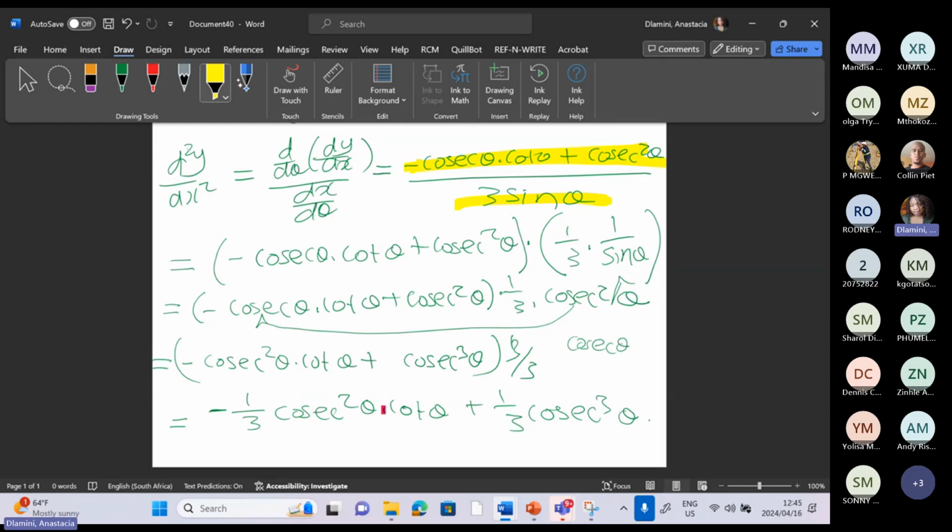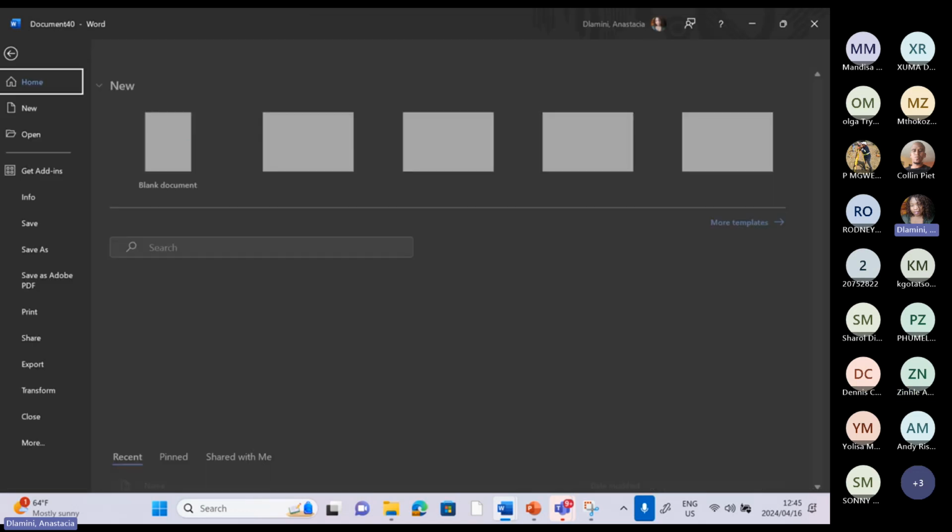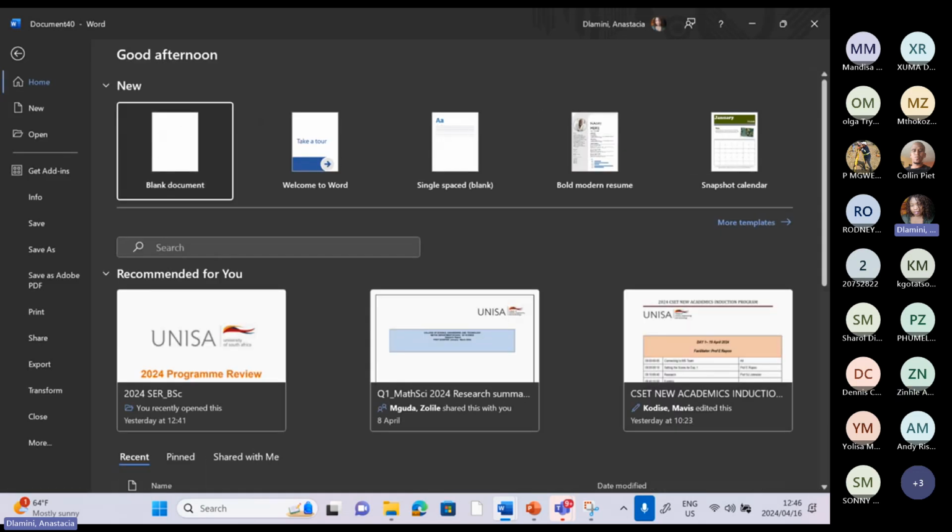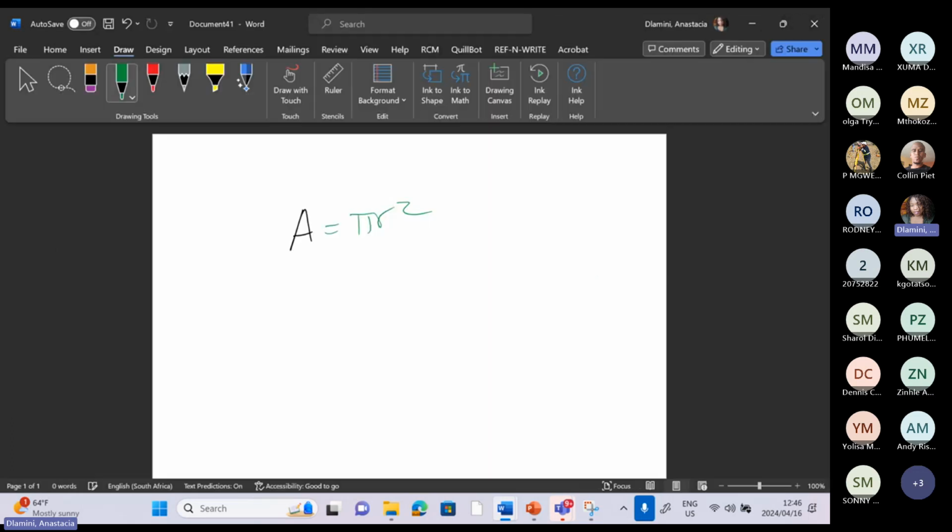Do you understand? Say they ask you to find the area, and you know pi r squared, and you find r equals 5. Then you say area equals pi 5 squared, and you leave it like that. You have to simplify.